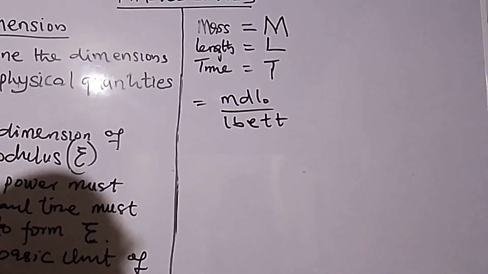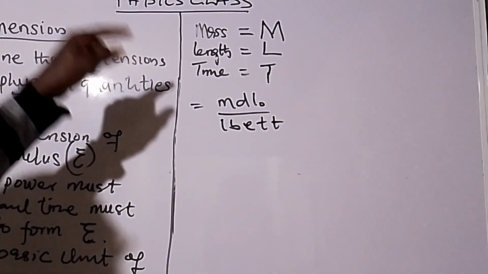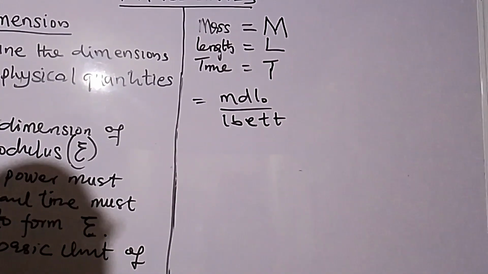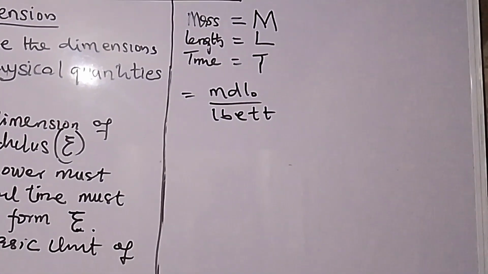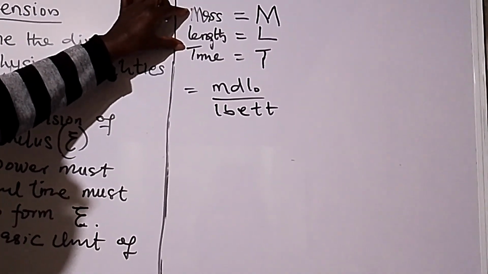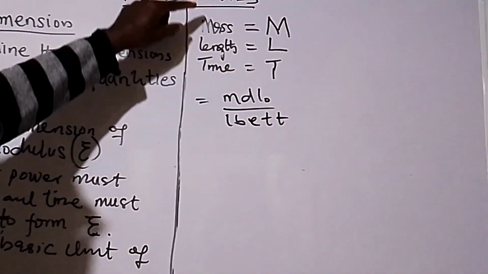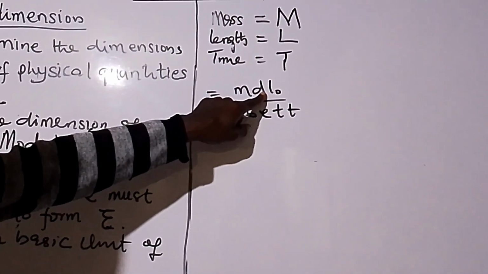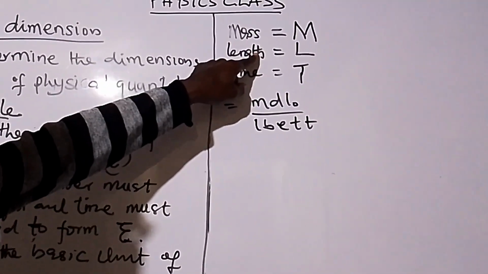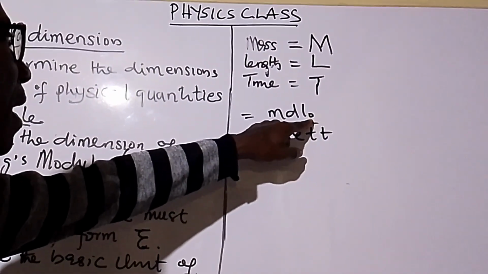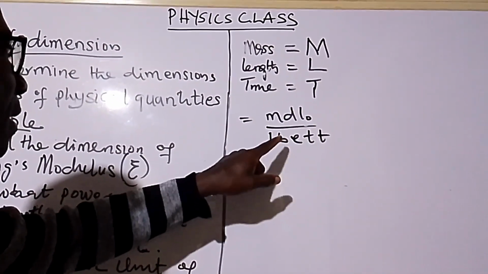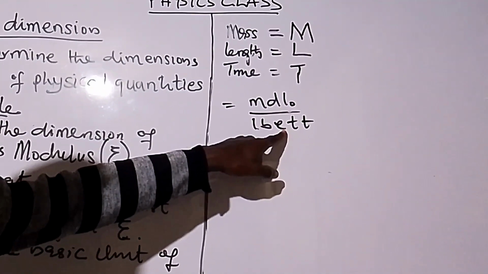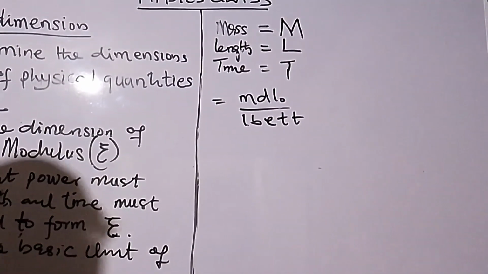If they are fundamental, then they will be related to a particular fundamental quantity. Let's take it one after the other. Mass is for mass, displacement, length, that's L naught, length, breadth also length, extension also length, then t t.